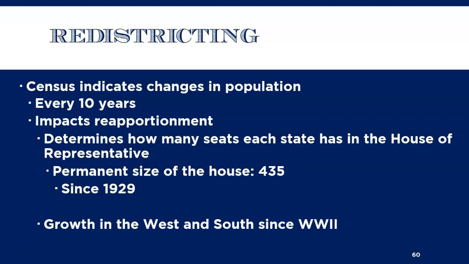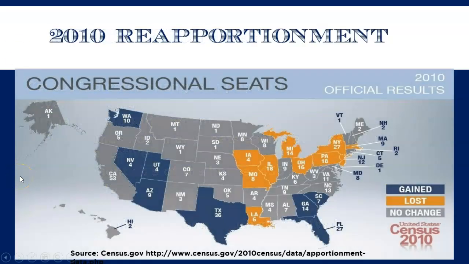All right, moving on. This next slide is going to be a representation of reapportionment from back in 2010 after the last census. The states that are in the gray had no change; they maintained their same amount of representation.